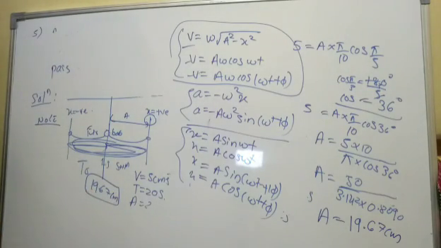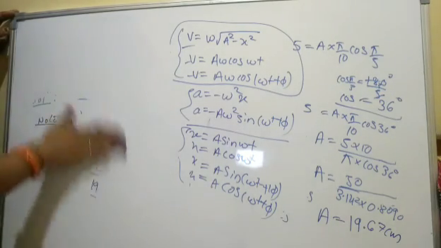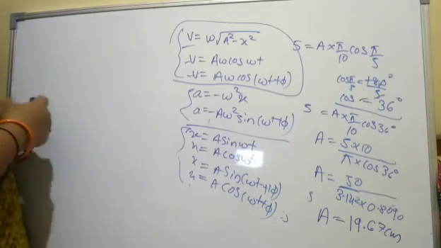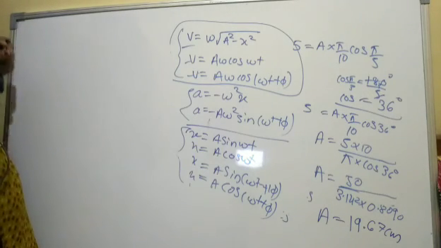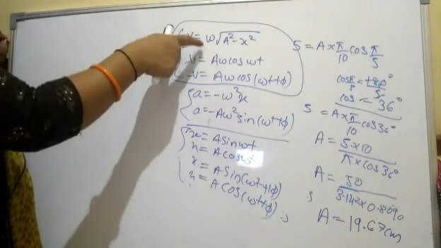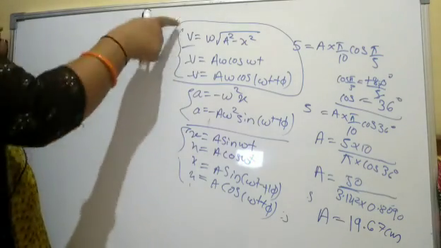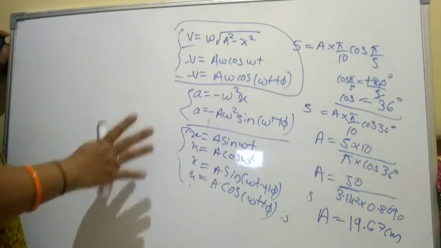So this is the conclusion I wanted to give you: make a list of formulas. No need to mug up the formulas here. The best way to remember is to understand how these formulas come. Once you understand how these formulas came, it is not a question of rote learning.